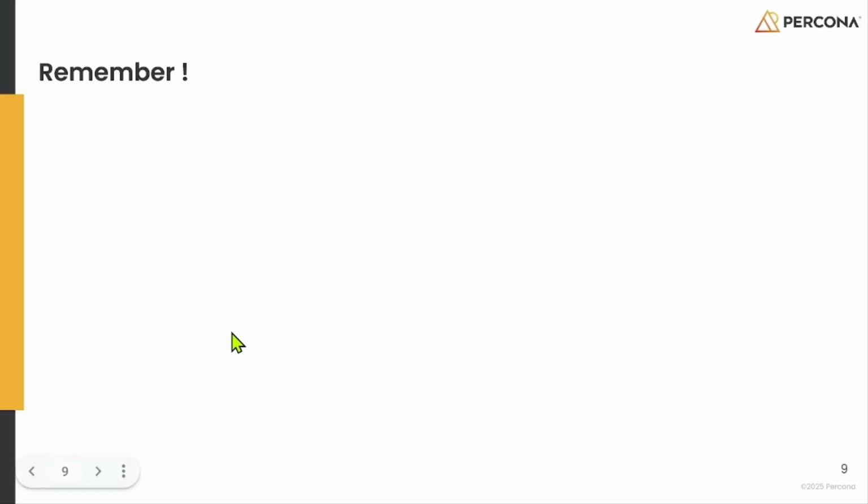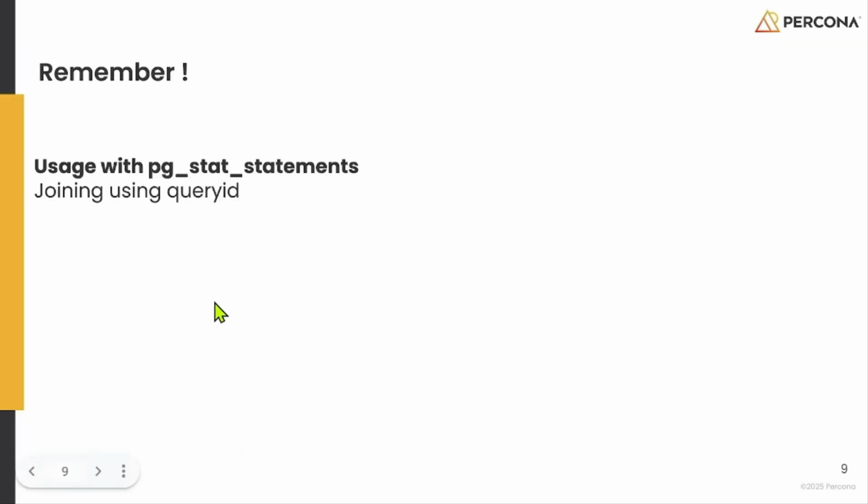Some important points to remember. Even though pg_wait_sampling is a standalone independent extension, generally users may be using it with pg_stat_statements because pg_wait_sampling provides the query ID, and that query ID can be joined with the query ID in pg_stat_statements.